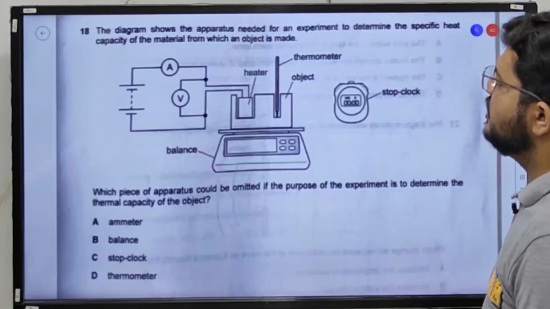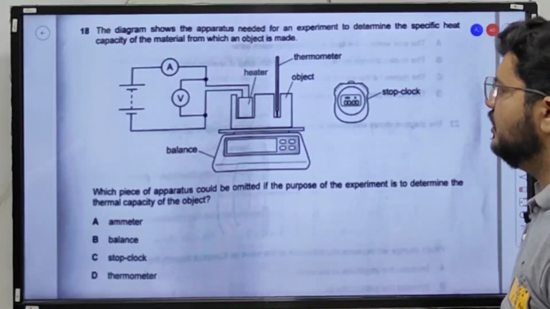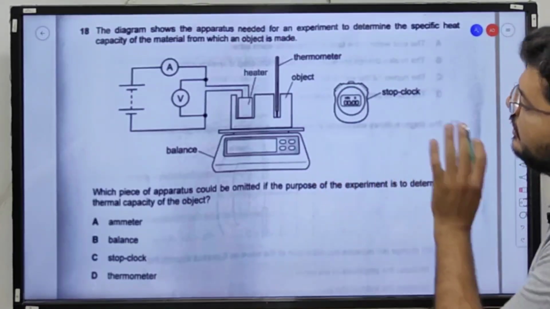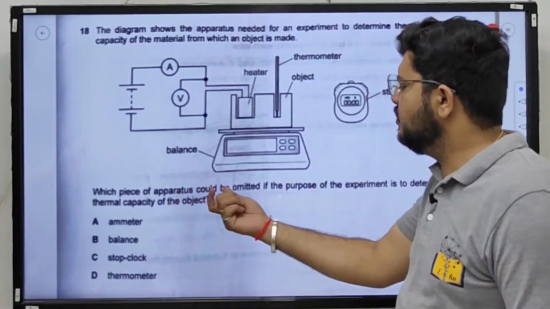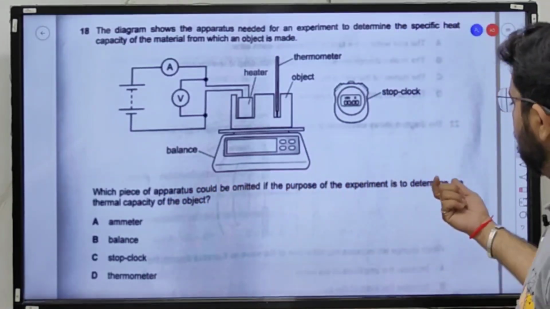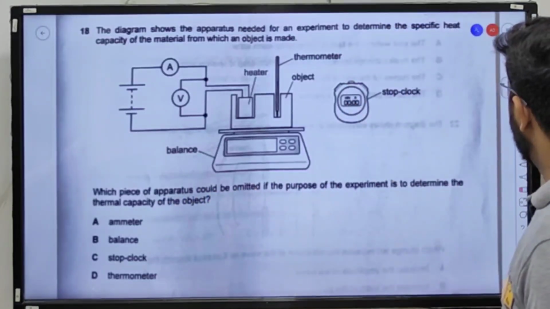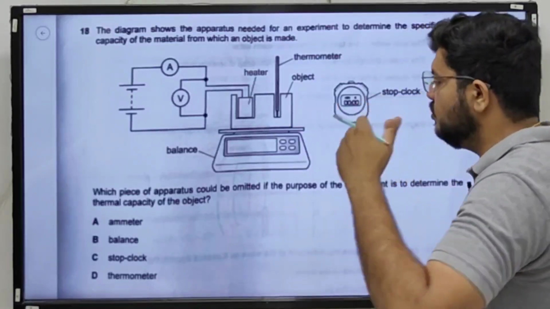Then we have question number 18. A diagram shows the apparatus needed for an experiment to determine the specific heat capacity of the material from which an object is made. Okay. So which piece of apparatus could be omitted if the purpose of the experiment is to determine the thermal capacity? Now see, first they are trying to find the specific heat capacity. Let's focus on units.